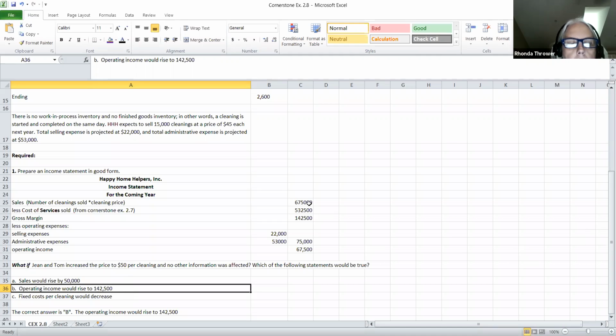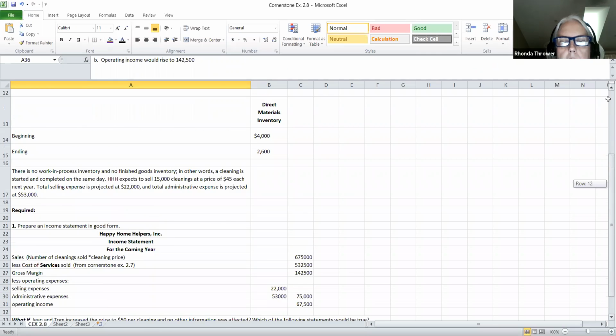If you changed your sales, your gross margin would change and your operating income would change. Everything else stays the same. So the correct answer is that the operating income would rise to 142,500.